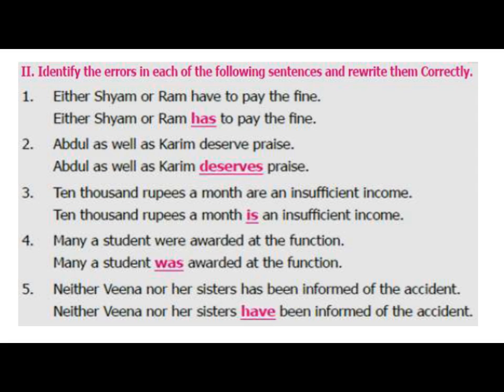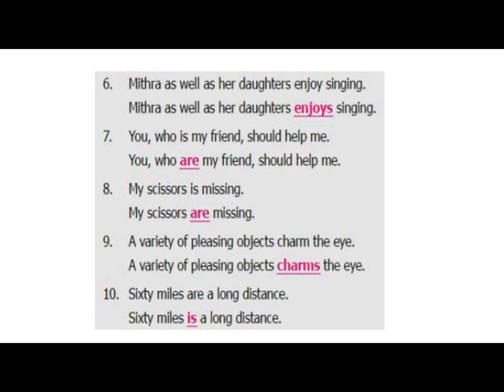Many a student were awarded at the function. Many a student was awarded at the function. Neither Veena nor her sisters has been informed of the accident. Neither Veena nor her sisters have been informed of the accident.